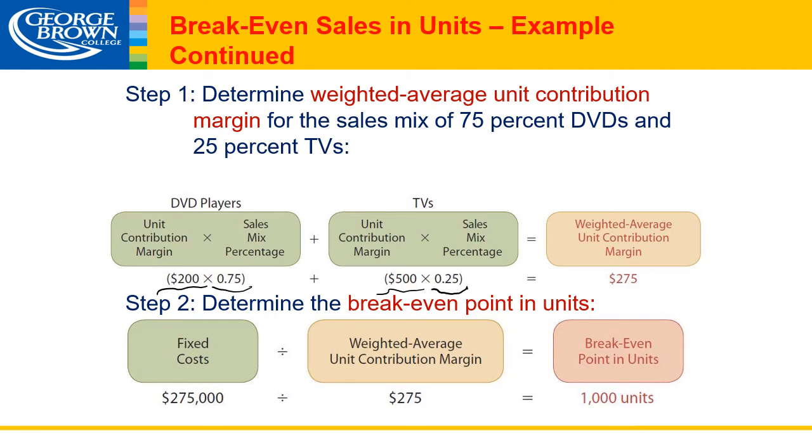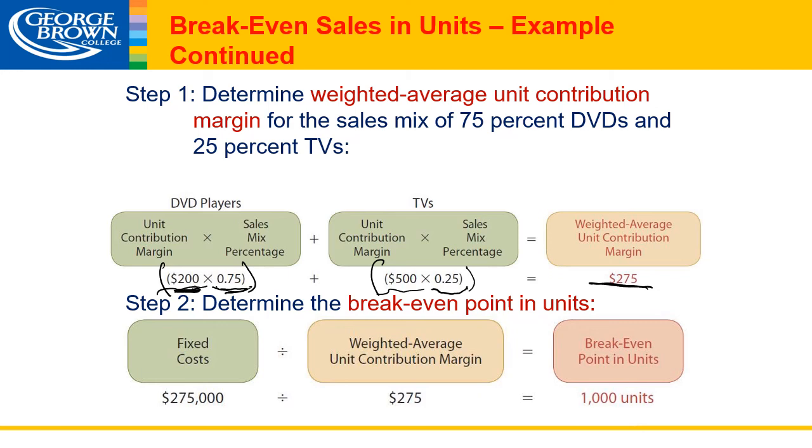We multiply the contribution margin per unit, and sorry, that's what the 200 and the 500 is. It's the contribution, not the sales price. We multiply it by the menu mix percentage, and then we add them together, and we get the weighted average contribution. In this case, it's $275. Apologies, I've been saying thousands for the last 2 hours.